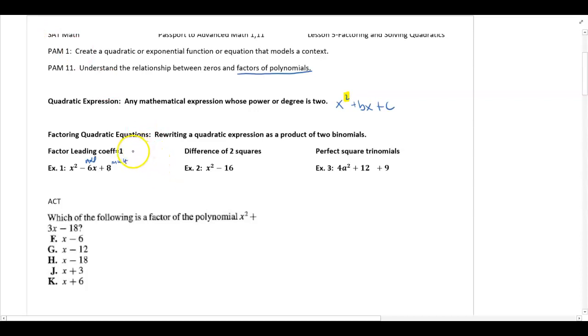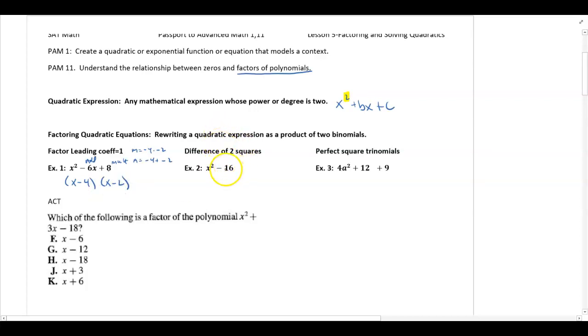So right away, you know -4 times -2 would multiply to give you 8, and then -4 plus -2 would also add up to -6, so this would factor out to be x minus 4 times x minus 2.